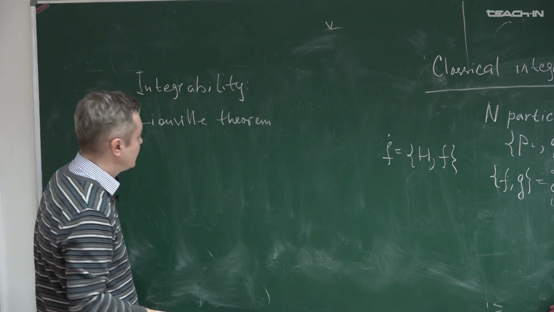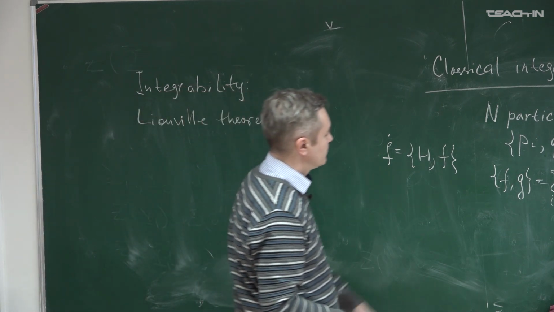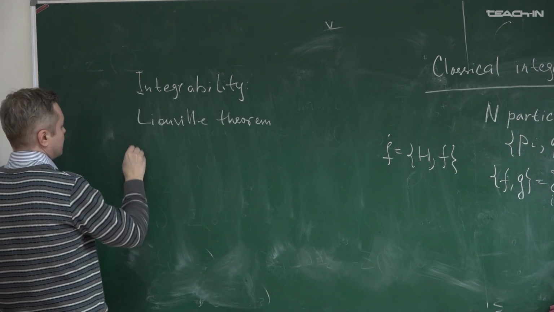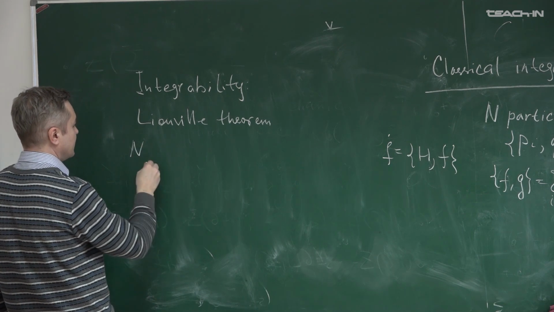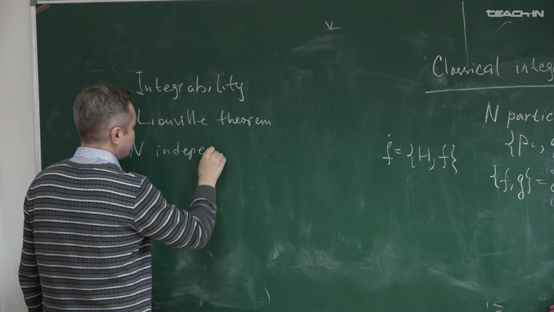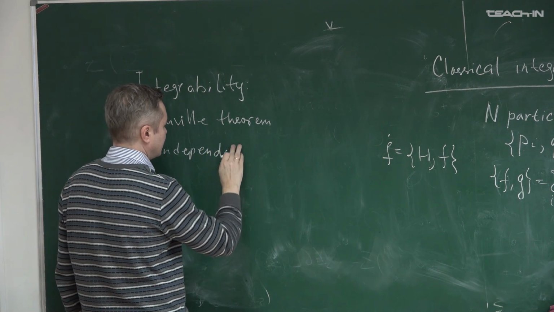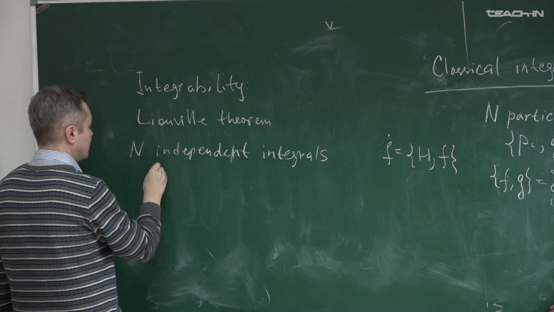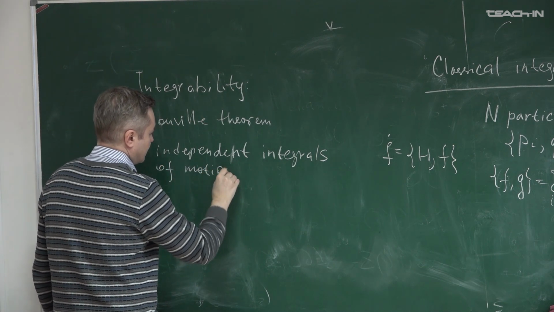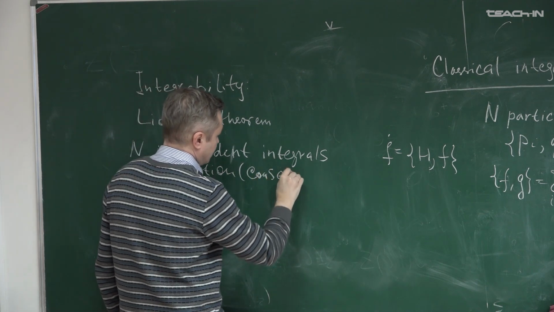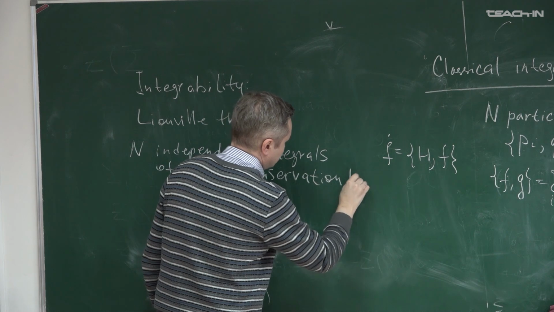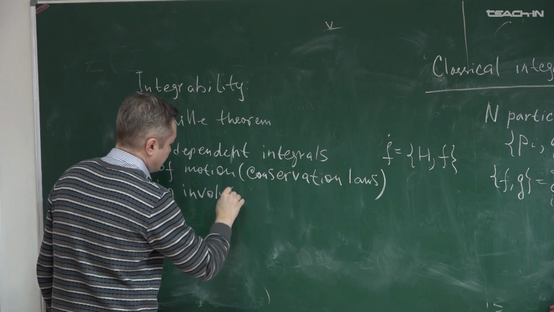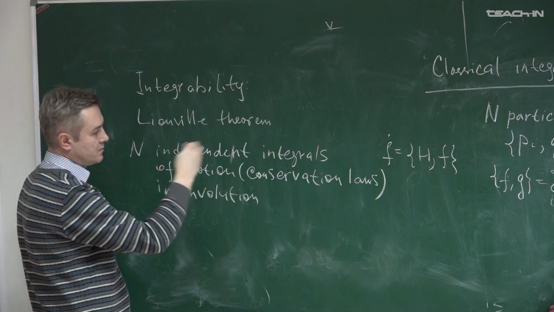The model with, say, n particles is integrable if there exist n independent integrals of motion, or conservation laws, in involution with respect to some given Poisson structure.